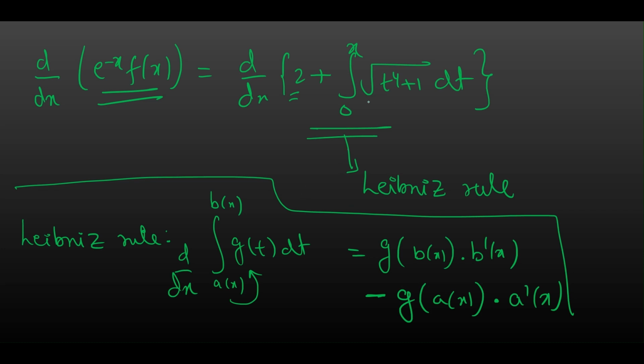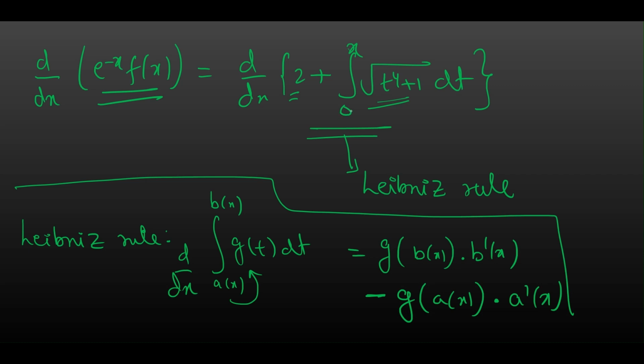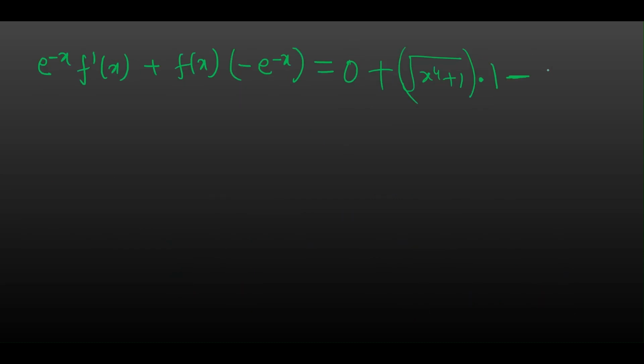So in this function I'll substitute the upper limit. We will get square root of (x^4 + 1) multiplied by the derivative of the upper limit x, which is 1, minus, when we repeat the process for the lower limit, you can see that the lower limit is a constant number 0, so its derivative is going to be 0, so we don't need to bother to differentiate it. All right, so this is the equation that we have got.